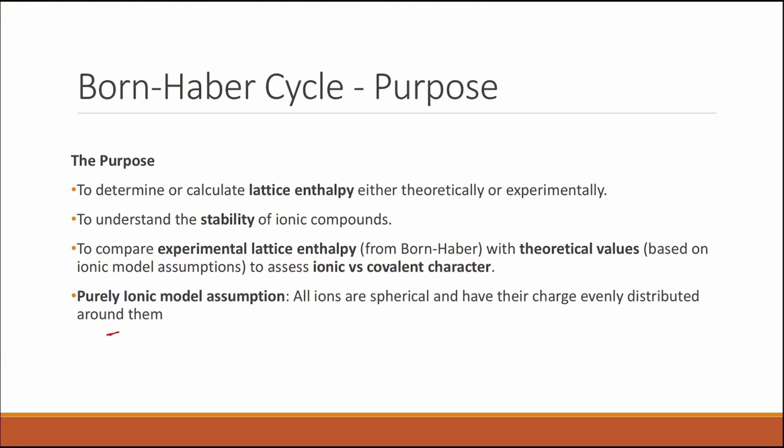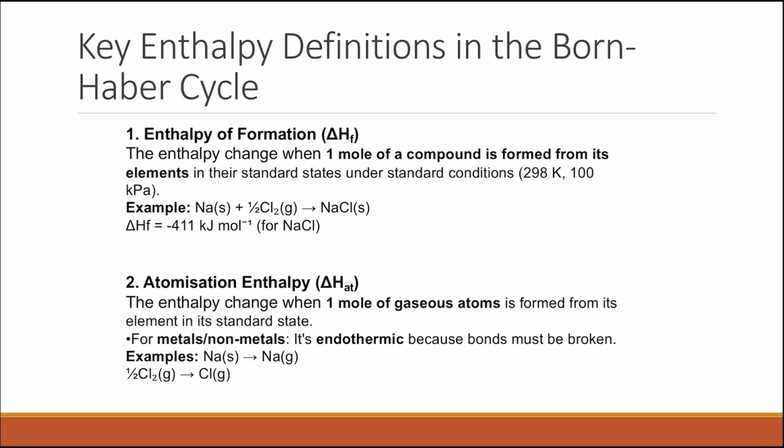So when you compare the value you get from the Born-Haber cycle with the theoretical value and find that these two are different, that means that the compound is not purely ionic, but has some covalent character. If they are very close to each other, it's more like a pure ionic compound.